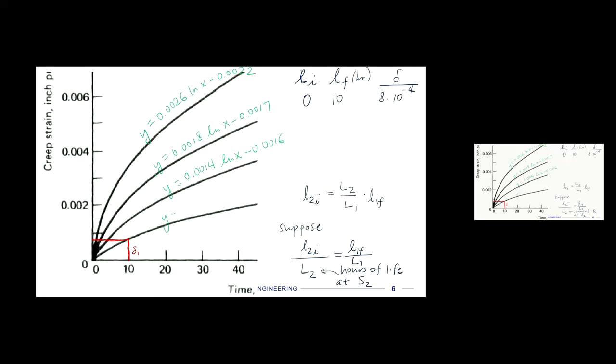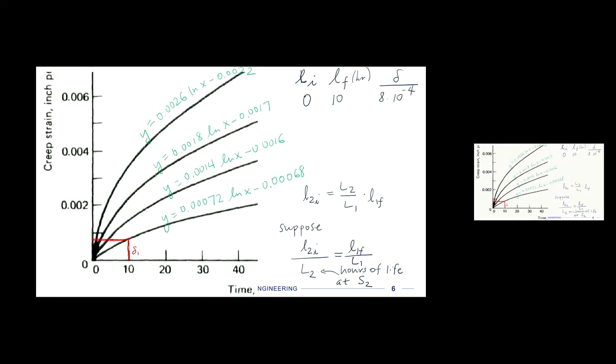And the lowest one is 0.00072 natural log x minus 0.00068. Okay, so unfortunately we got a lot of zeros because we're working in the strain realm.